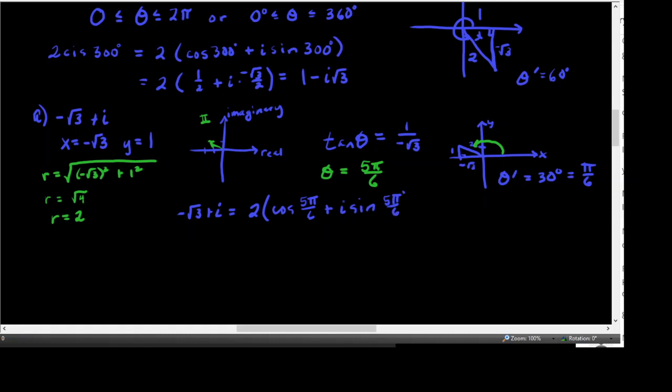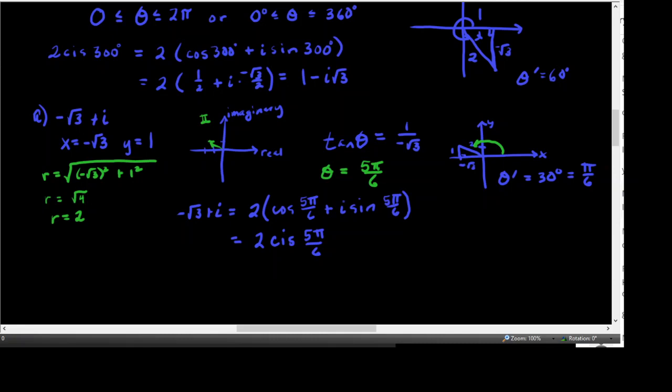Which you can write in this form, or if you prefer, you can write 2 cis 5 pi over 6. Both of those answers are correct.